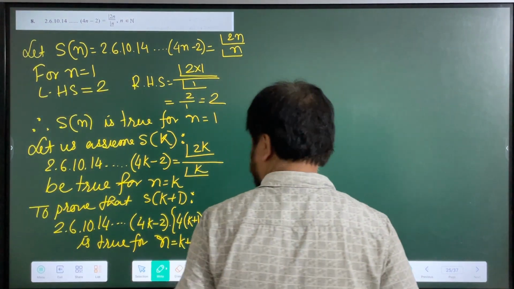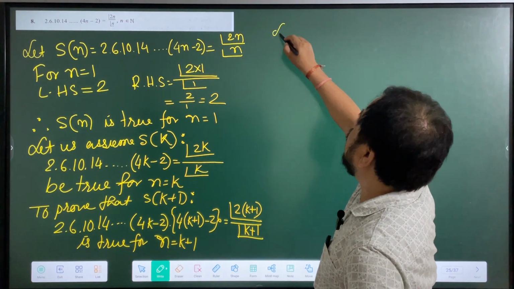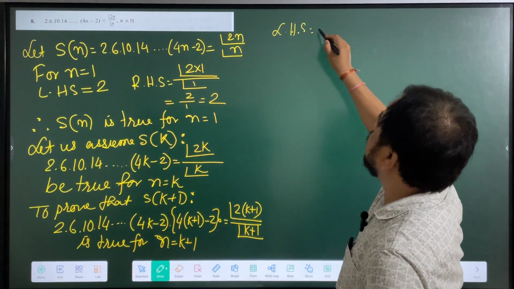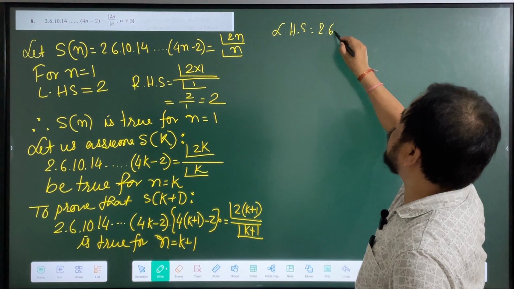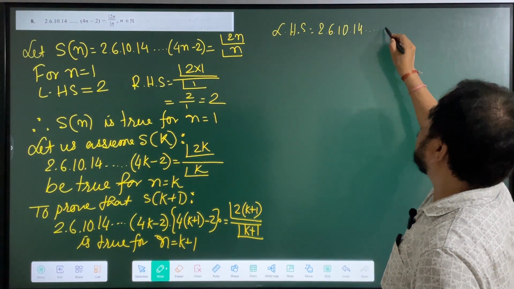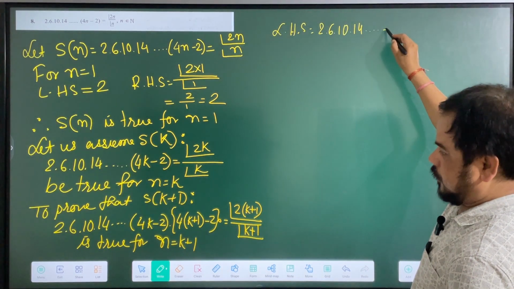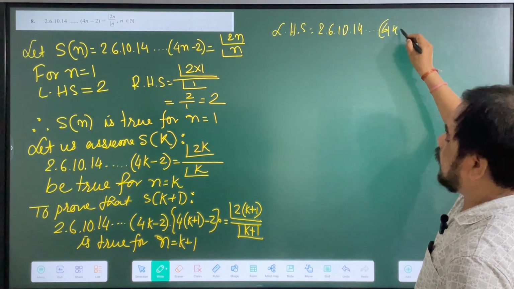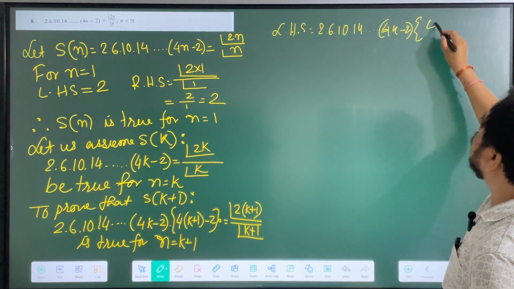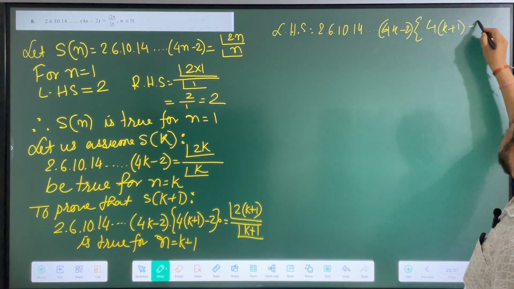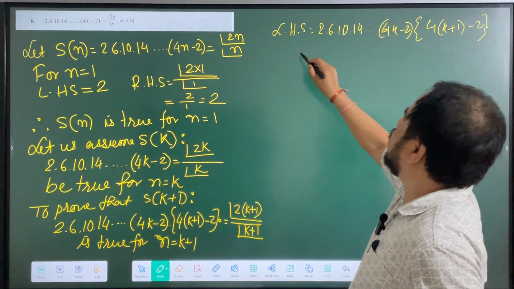Okay, this sum is easy. Now we will do left hand side. Let us write 2, 6, 10, 14, up to 4k minus 2, 4 into k plus 1 minus 2. This is left hand side.